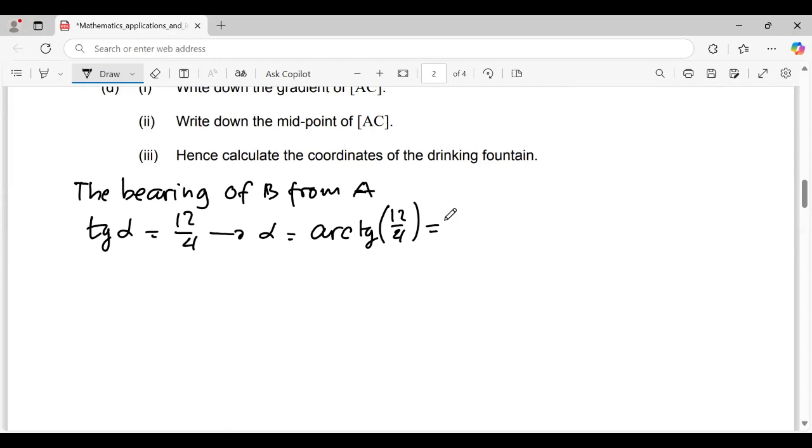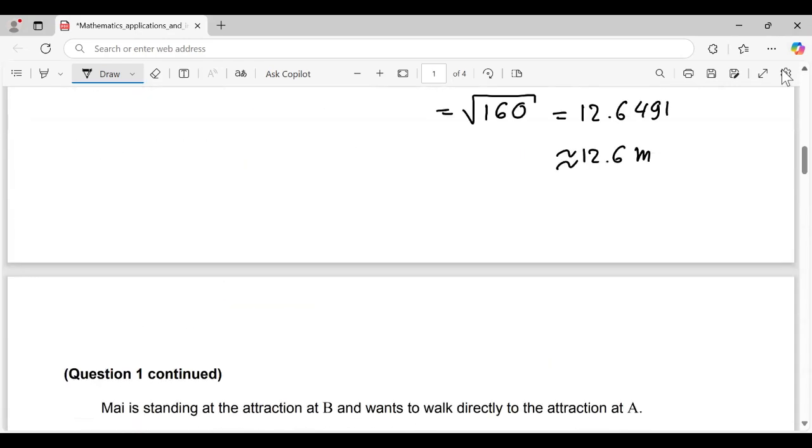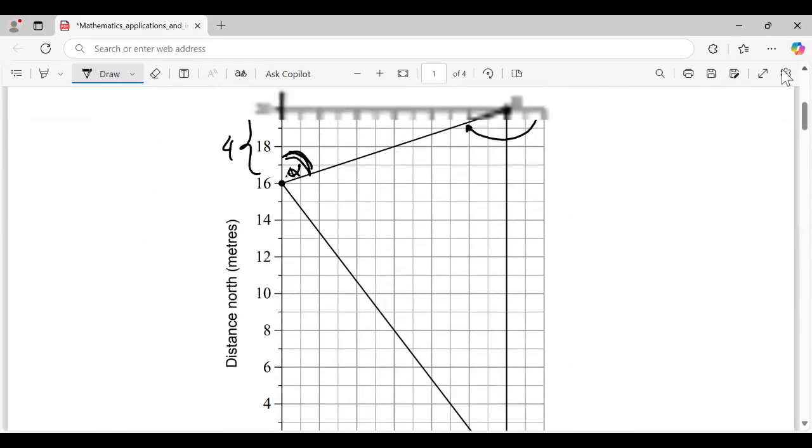Arctangent 3 equals 71.5650. Round off becomes 71.6 degrees.